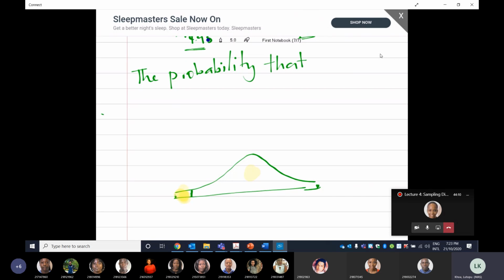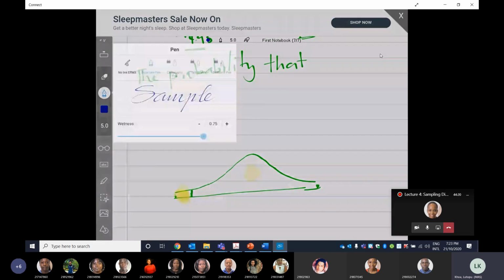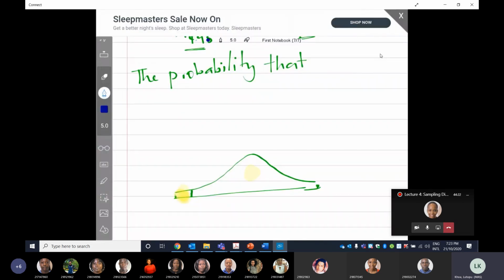Now, if this part here, the little yellow one, is equal to 0, then it means all the area is over there.